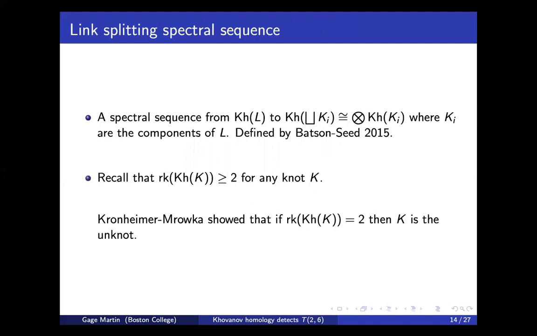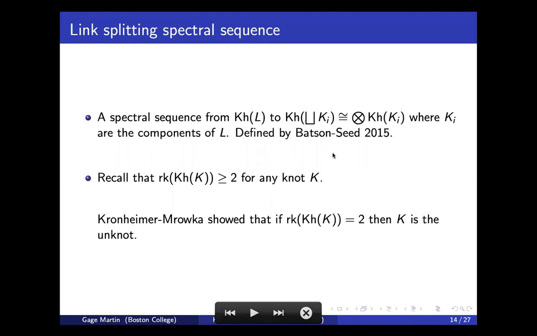So then what we need is to recall that for any knot, the rank of its Khovanov homology is at least 2. And Kronheimer and Mrowka have shown that if the rank of Khovanov homology is 2, then your knot is actually the unknot.